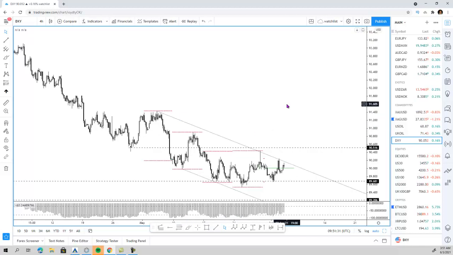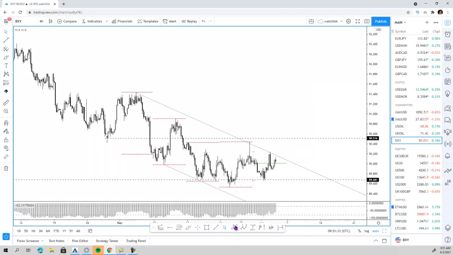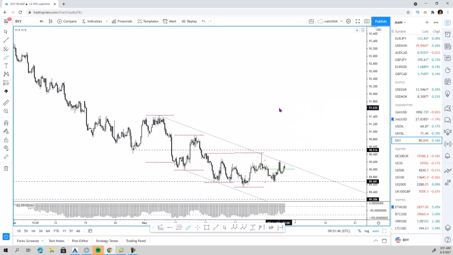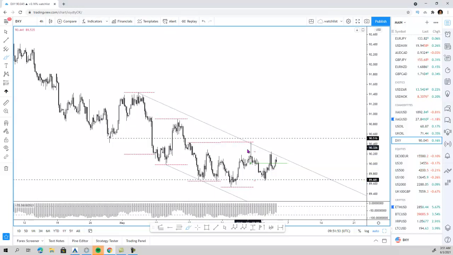So we are still inside of a bear structure, and like I said before, if price breaks above that 90.45 to 90.50 level, we should be looking for buys. But right now, what we are doing is just selling those rallies on the US dollar, and more so because we are still inside of this short-term structure, and we are trading below the 90.25 level.